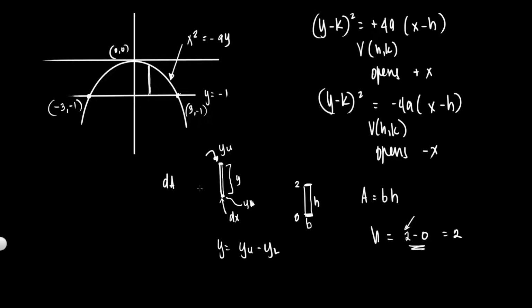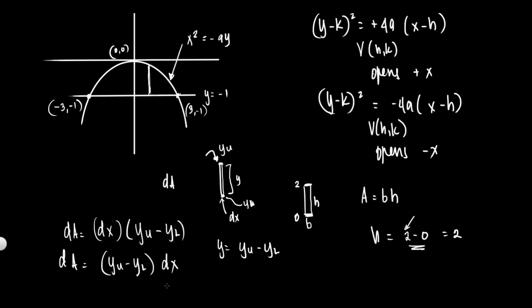Now, to solve for the differential area, so kailangan natin equation. Base times height, di ba? So, dx times, ano ba yung height? Y upper minus y lower. Or ayusin natin to as dA is equal to (y upper minus y lower) multiply by dx.